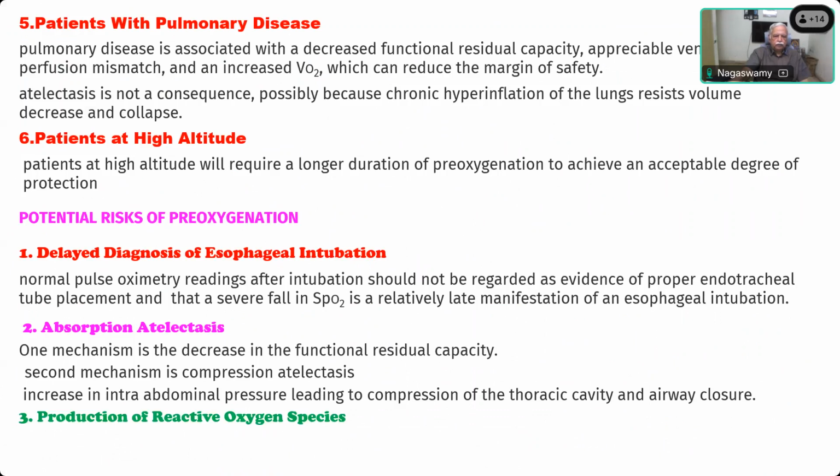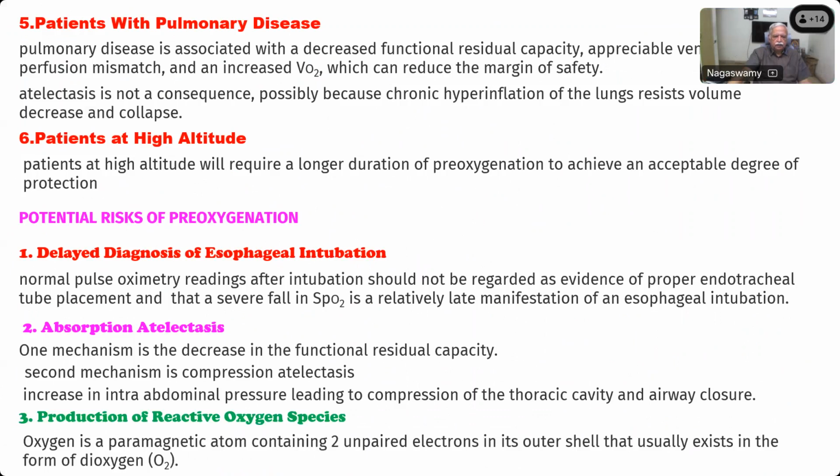The third is production of reactive oxygen species. Of course, this is a very late and not a very common problem. This happens because of too much oxygen not being utilized, and this oxygen with two unpaired electrons in the outer shell is a highly reactive element, so that will cause all the problems.